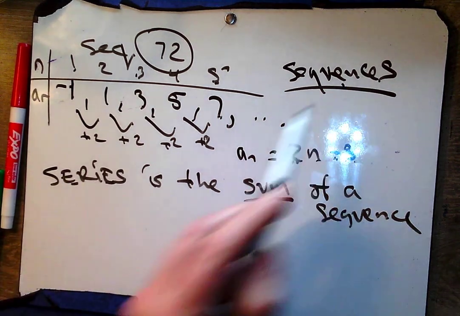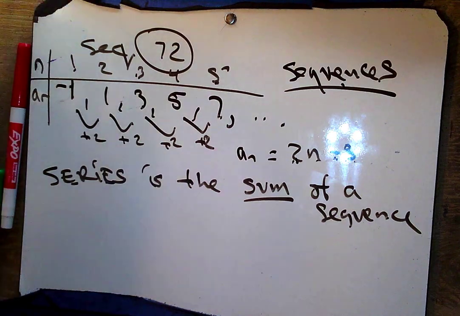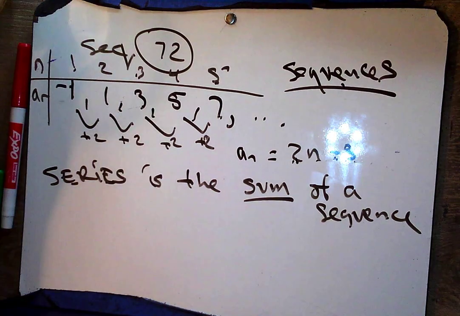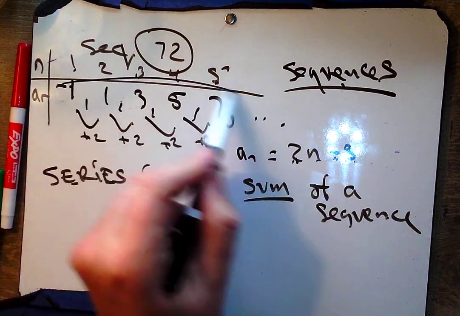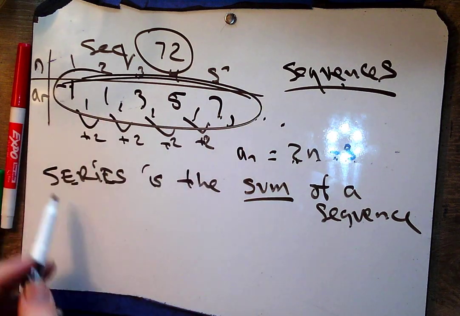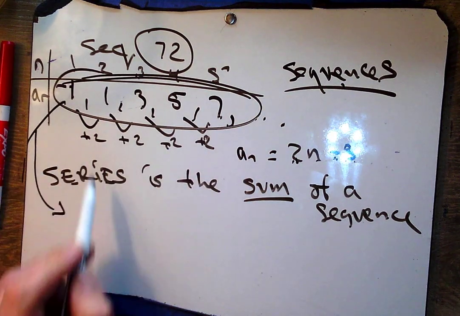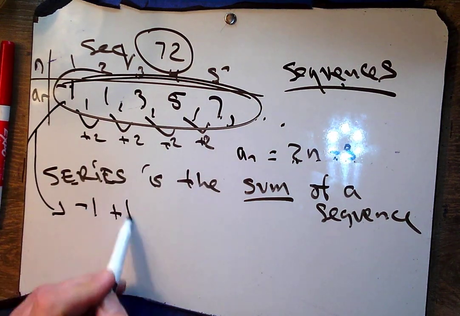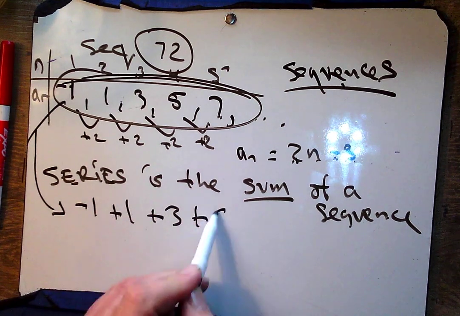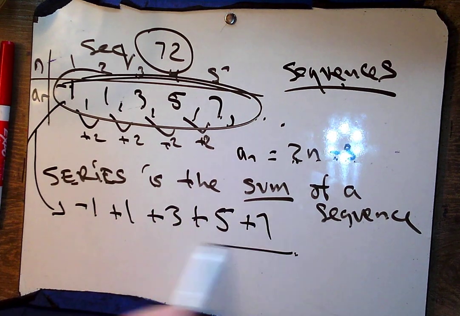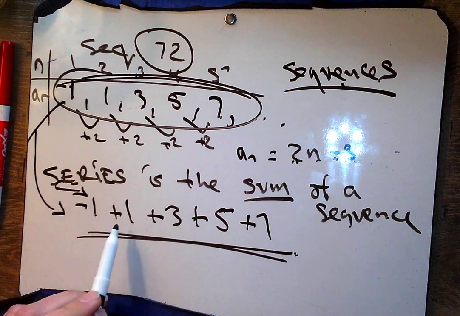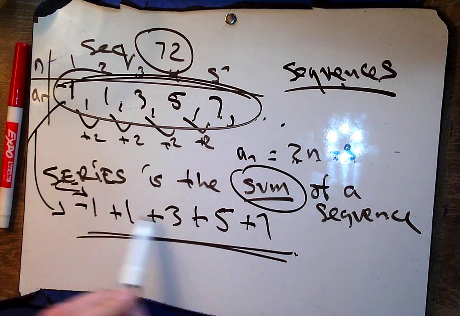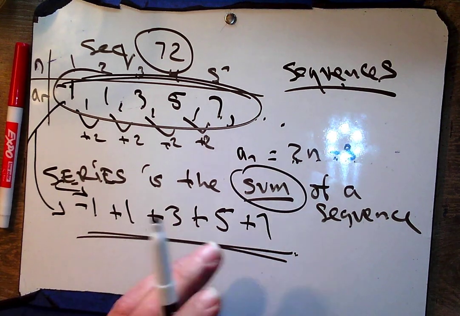I thought I could have used sequences and series as synonyms for each other. But no. This is the sequence, and the series, -1 plus 1 plus 3 plus 5 plus 7. That's the series. The series is the sum of that sequence.